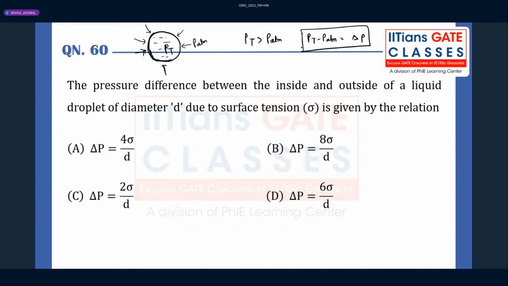And how to calculate that? For that, we need to make a free body diagram like this.